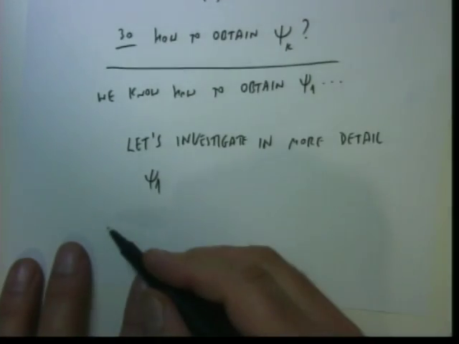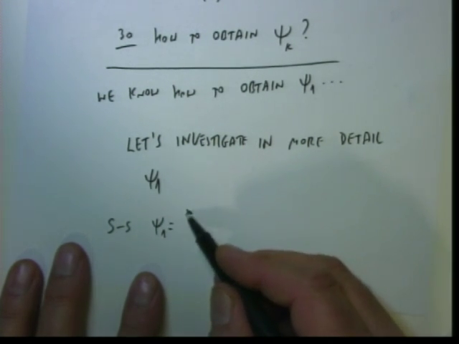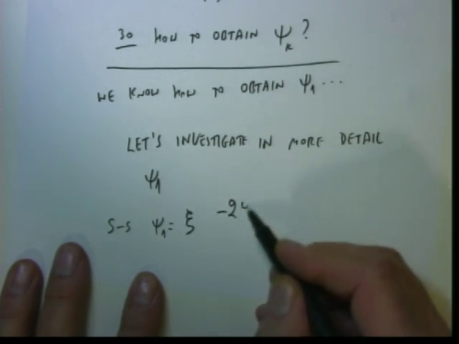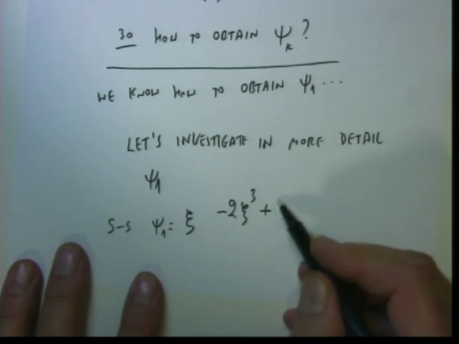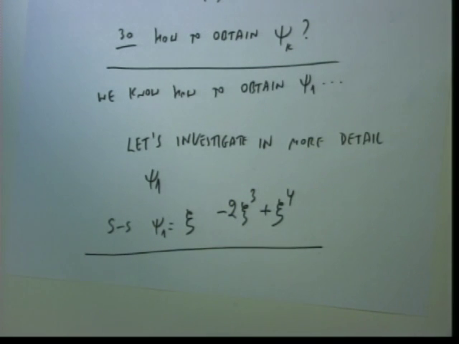So for a simply supported beam, we had psi 1 equals psi minus 2 psi cubed plus psi to the fourth power. Let us concentrate on this for a moment.